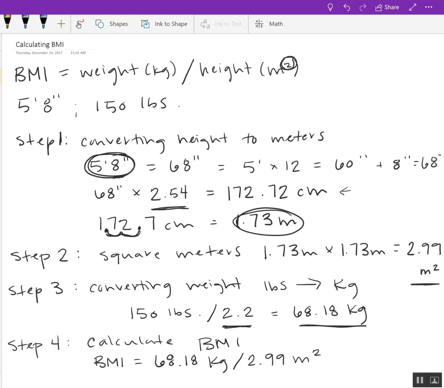We divide 68.18 by 2.99, and that gives us 22.8, and our units end up as kilograms per meters squared. So that is a super overly detailed step-by-step explanation of how to do a BMI calculation.